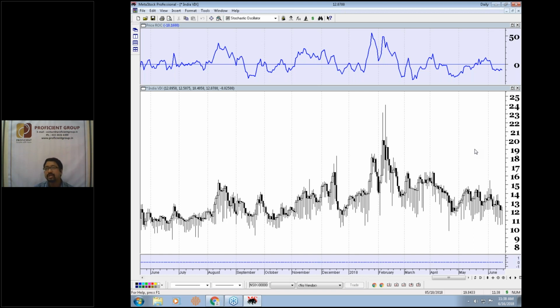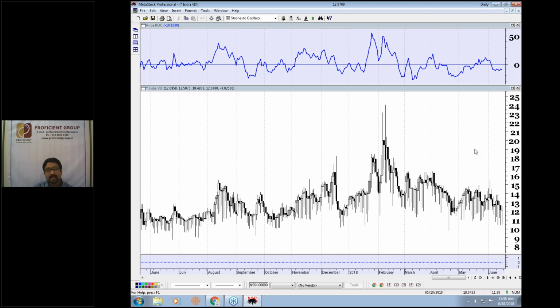Also, a trend is possible in all time frames, in hourly chart, daily chart, weekly chart, quarterly chart. So trend is the most important component of price action.